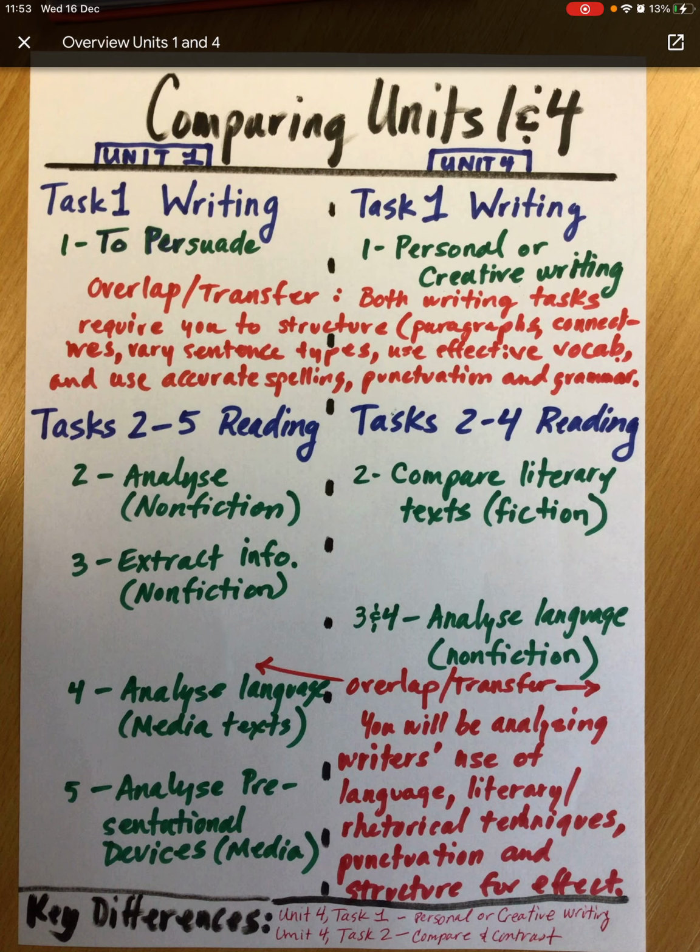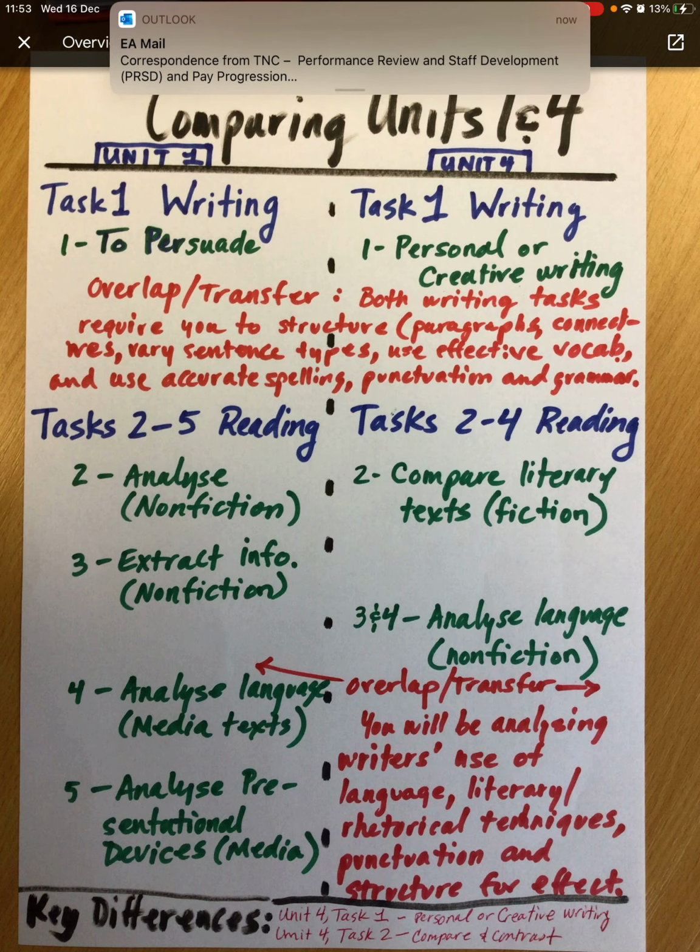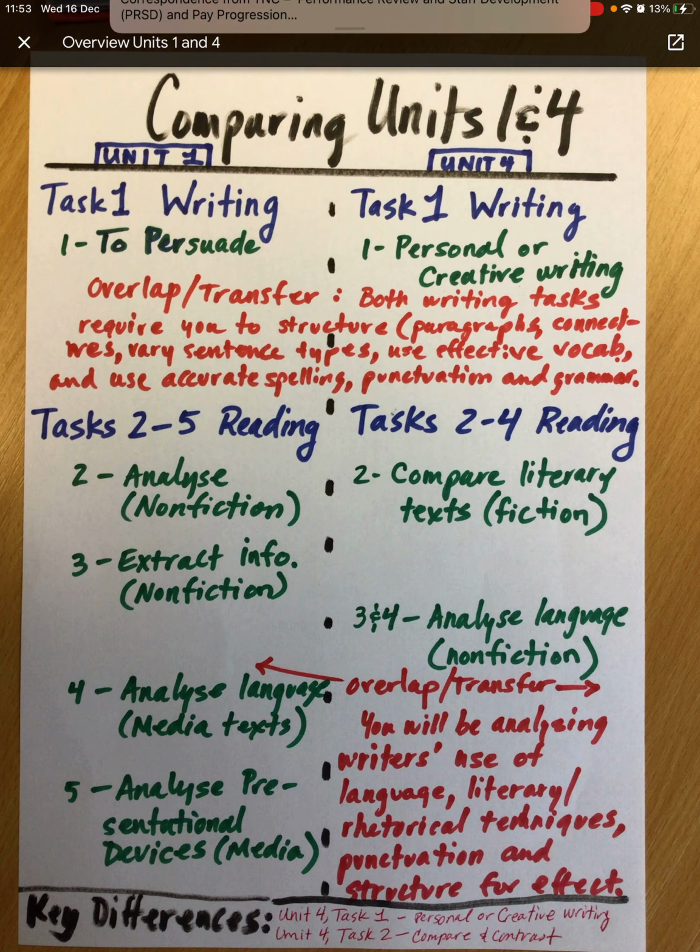Now, the second part or section of the exam, section B on each exam, involves reading, okay? So for tasks 2 through 5 on the Unit 1, which you've already studied and practiced in class, okay? You're analyzing nonfiction on task 2, extracting information from nonfiction, which is task 3, okay?